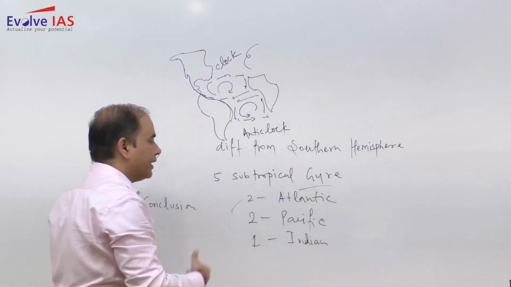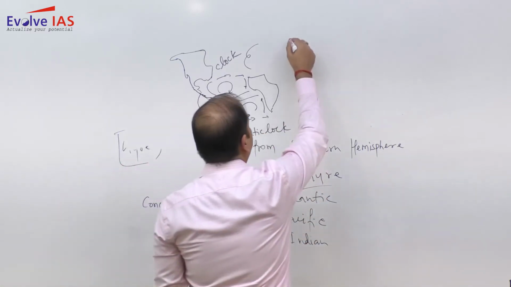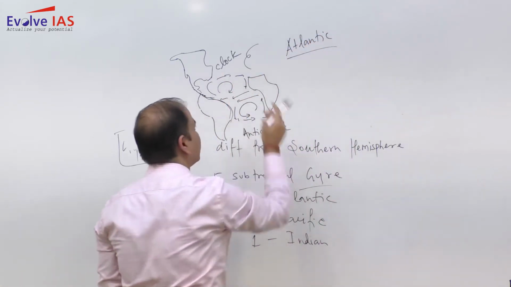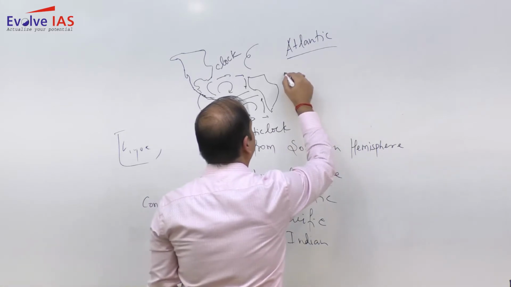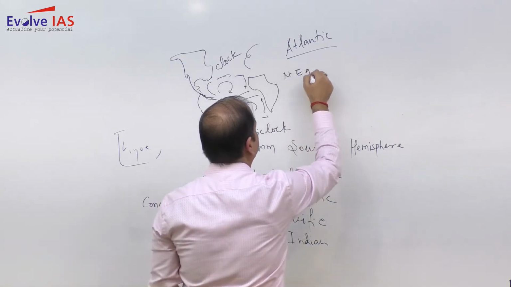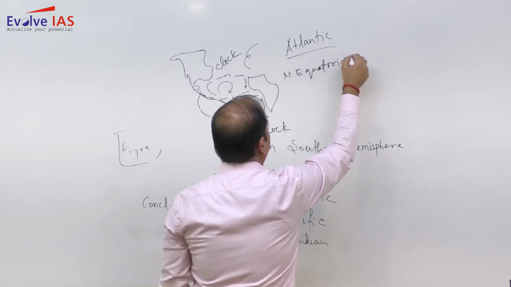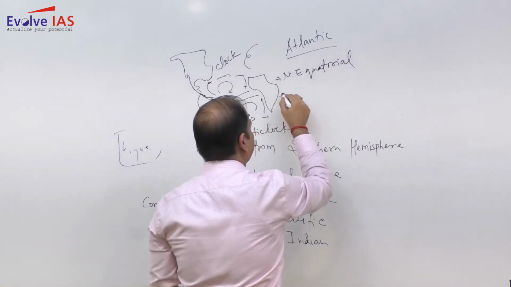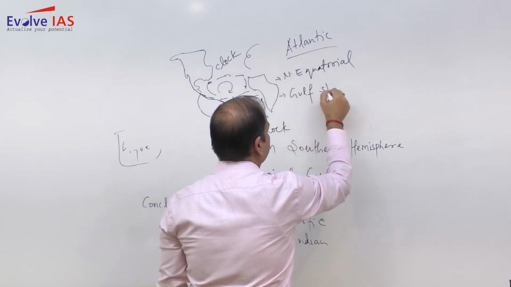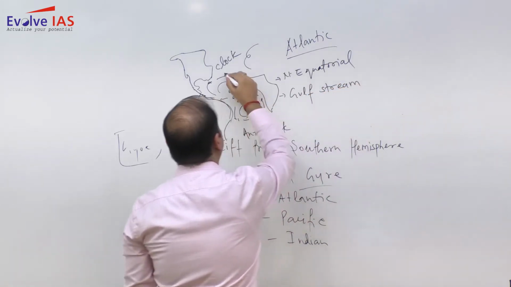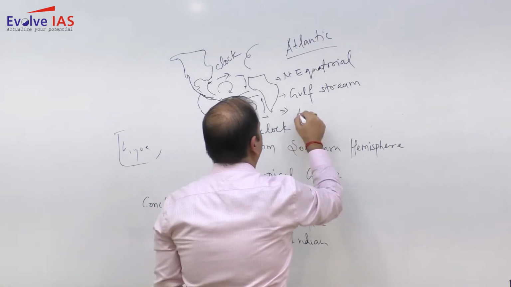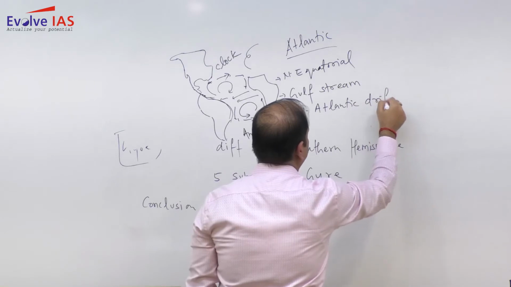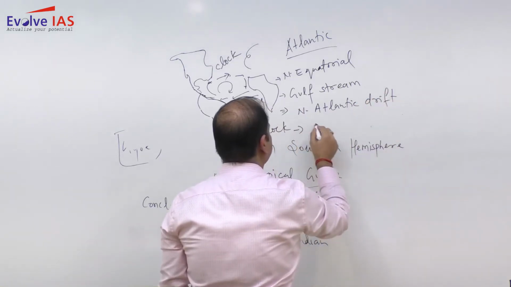You need to write with an example, so it will be better if you take the reference of, let's say, the Atlantic. In the Atlantic, the northern gyre is primarily formed by the North Equatorial Current, then this boundary is formed by the Gulf Stream, this part is formed by the North Atlantic Drift, and then the Canaries Current.